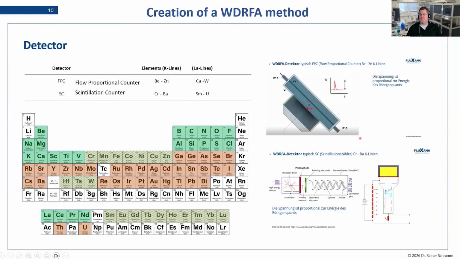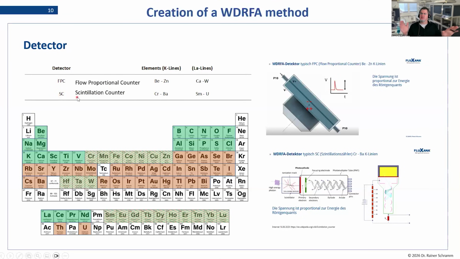In the end, both counting methods are proportional to a certain energy, which again represents a certain element. The periodic table down here shows this: the green elements are usually measured with the FPC, and the red ones are usually done with the SC.